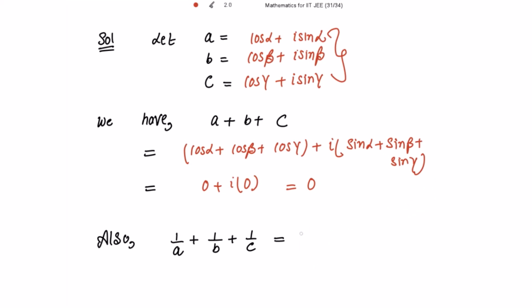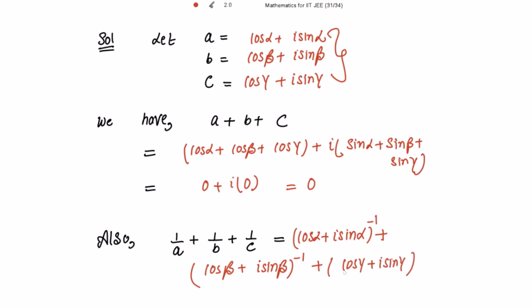So 1 over A means (cos alpha plus iota sin alpha) to the power -1, plus 1 over B is (cos beta plus iota sin beta) to the power -1, plus (cos gamma plus iota sin gamma) to the power -1, right?